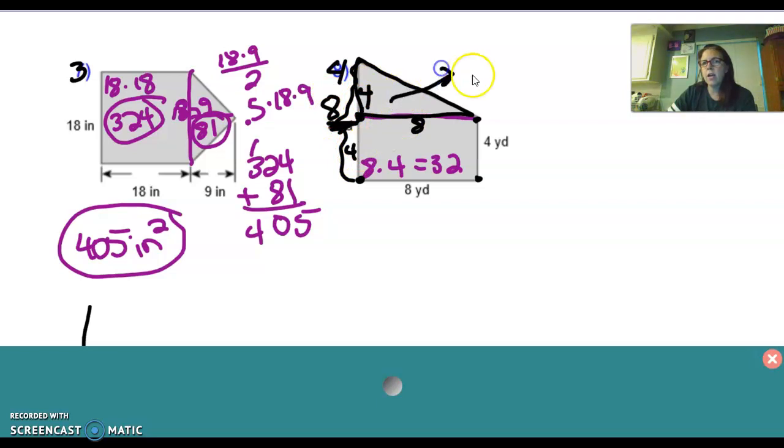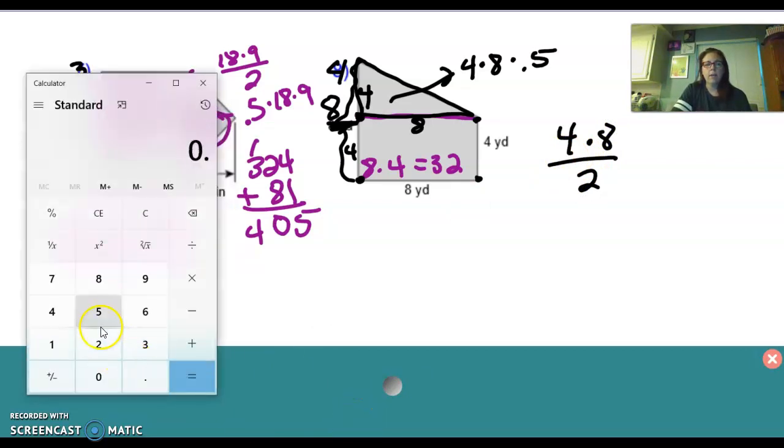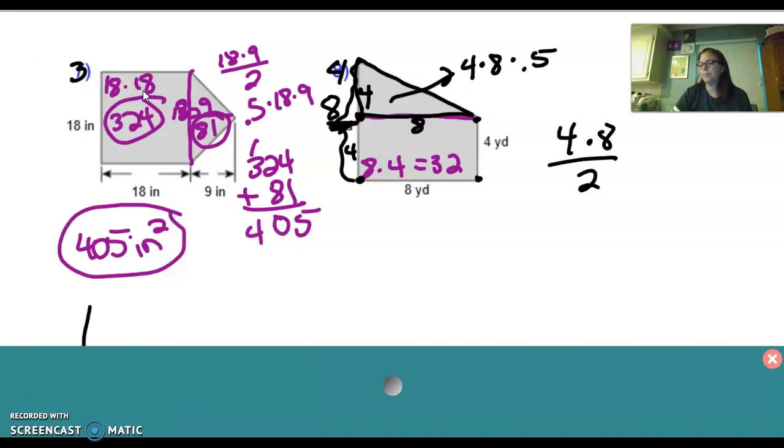So right here, the triangle is going to be 4 times 8, and then times 0.5, or divided by 2, however you were taught. 4 times 8 divided by 2. You'll get the same answer. Okay, so 0.5 times 4 times 8, which is 16.